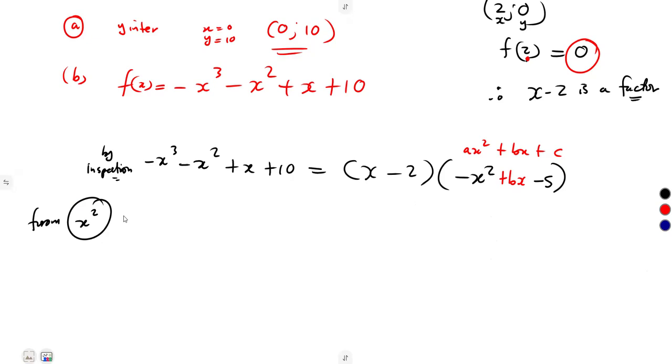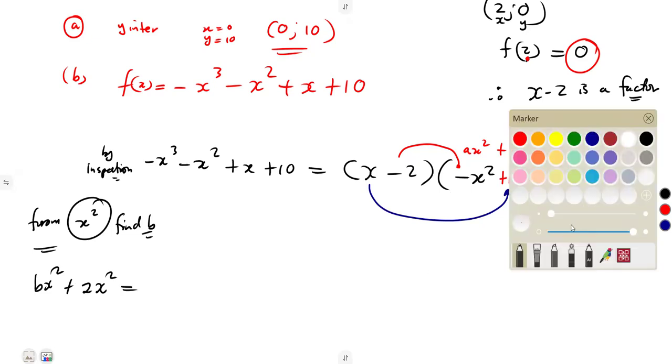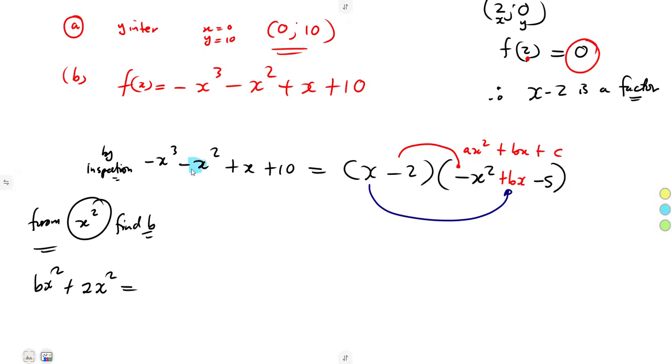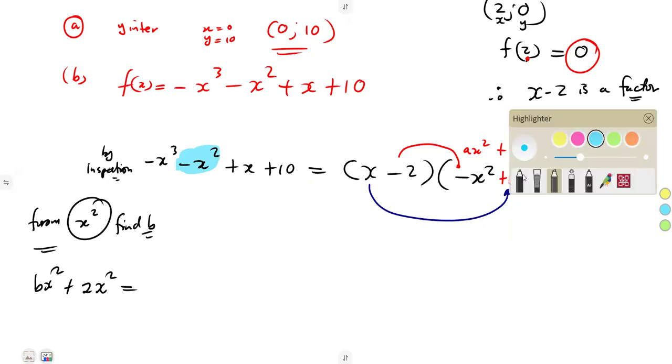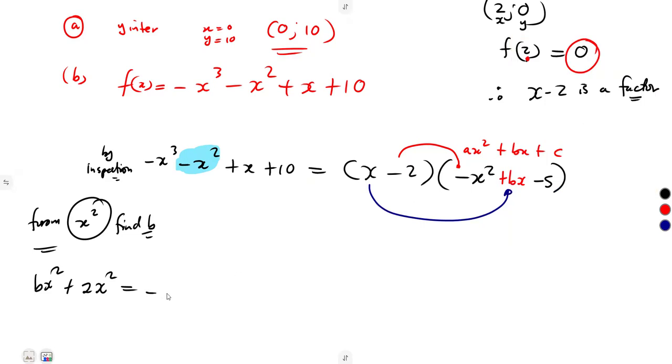The terms in x squared of these two brackets are x times bx, which is bx squared, and minus 2 times minus x squared, which is plus 2x squared, equal to the x squared of the cubic expression on our left-hand side, which is negative x squared.